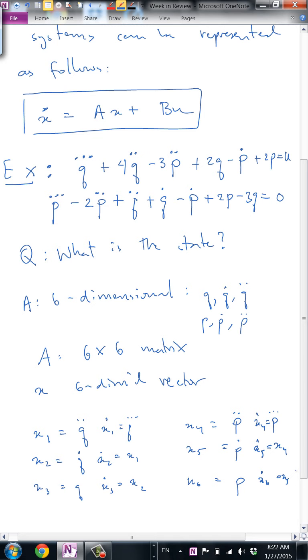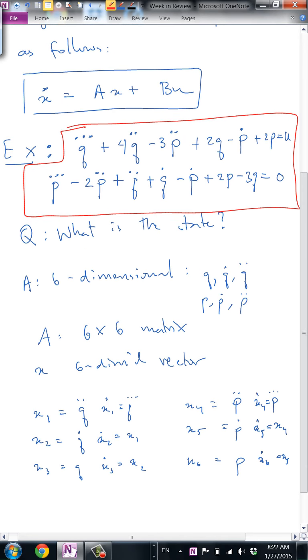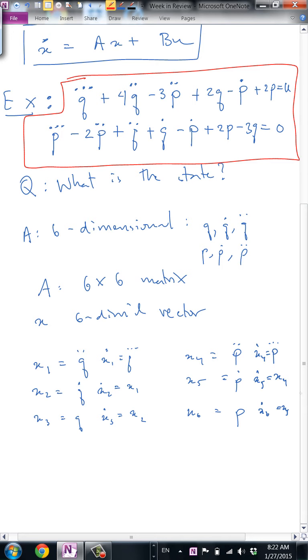So now we basically can just look at this differential equation and rewrite it in terms of x's. So the first one is going to look like x1 dot, and I'll move everything over to the right as well, and just leave x1 dot on the left.